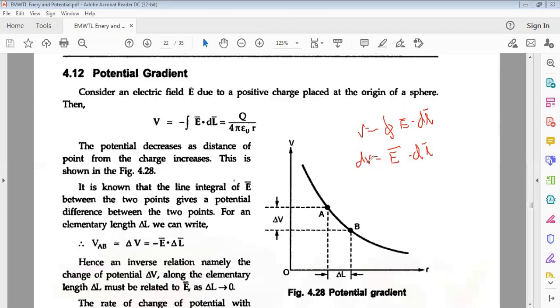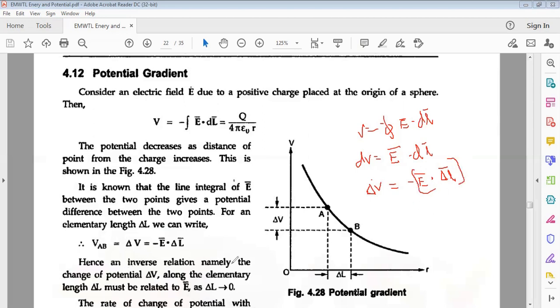Now I've taken this change of the potential as a small incremental potential. Delta V is equal to minus E bar dot delta L bar, the elementary length.